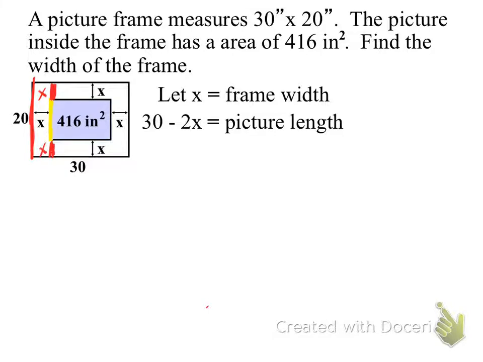So if the whole thing is 20, and I don't need those two little x pieces, how would you write the width for that yellow part? 20 minus what? 20 minus 1x or 2 x's? 2 x's, because I want to get rid of this and this, right? It's the whole, so 20 minus 2x is the picture's width.